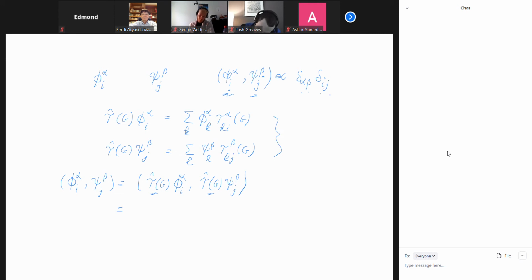So that becomes a sum over K, L. So I just write out, it should be alpha here, J beta, and then I have the dot product between the psi alpha K and psi beta L, like this.